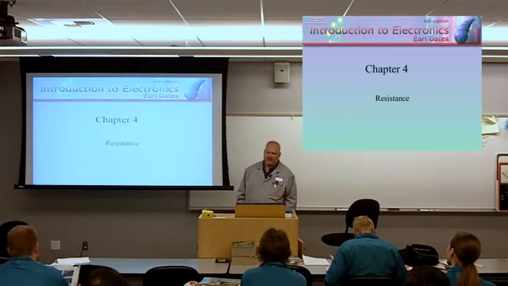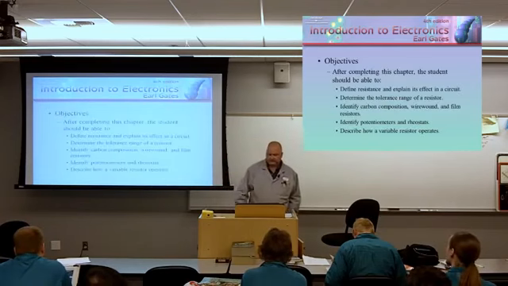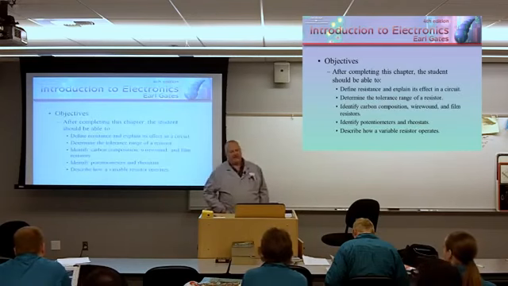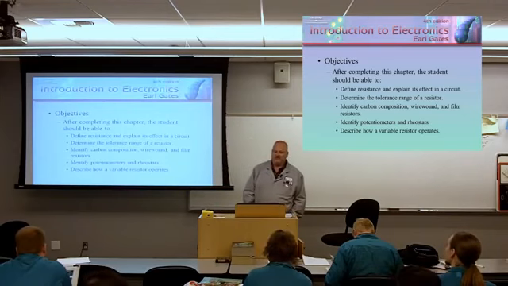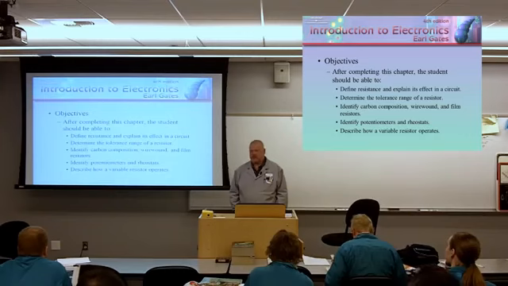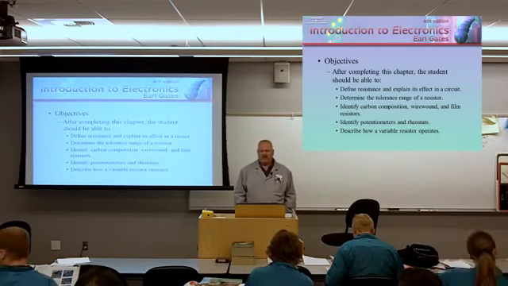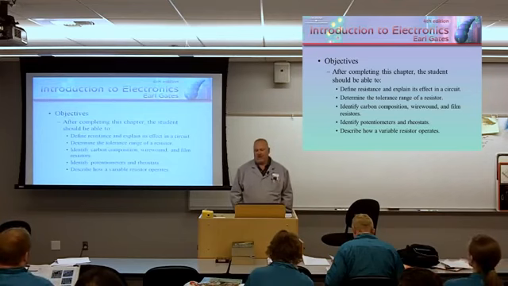What we've got to do is embark on our journey here, Chapter 4, Resistance. After completing this chapter, you're going to be able to define resistance and explain its effect in a circuit. Determine the tolerance range of a resistor. Identify carbon composition, wire wound, and film resistors.